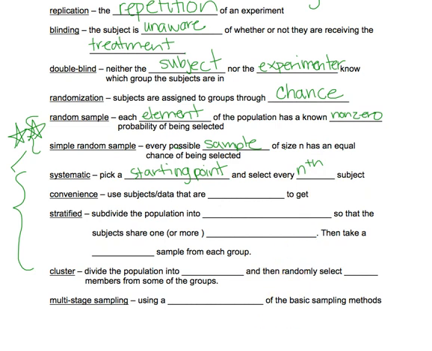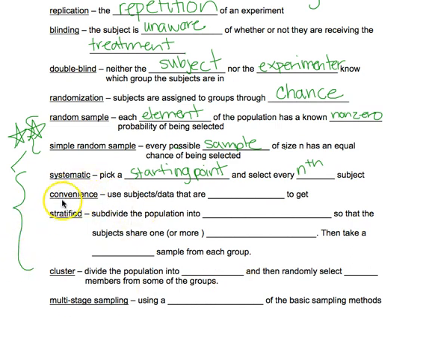So if I want a sample of Pickerington North students, and I decide that at the beginning of 5th period, I am going to stand at the cafeteria doors and ask every 5th person who walks in that door the same question and record their answer. That's systematic. I picked a starting point, beginning of fifth period, and then I selected every fifth subject that walked through the door.